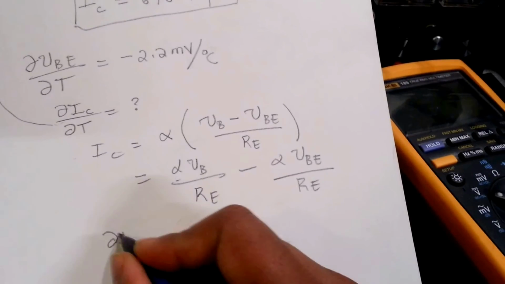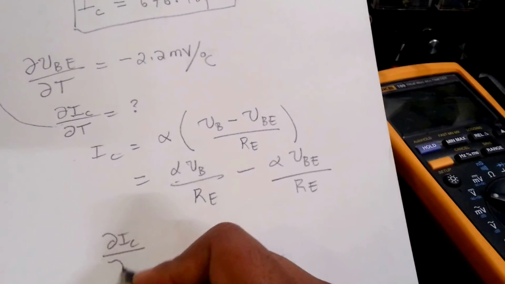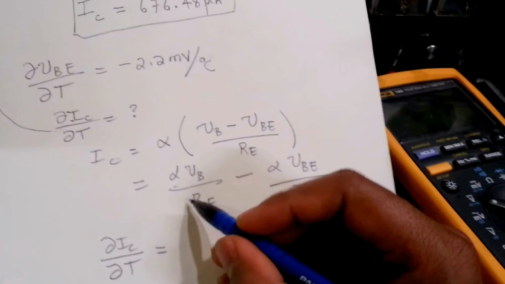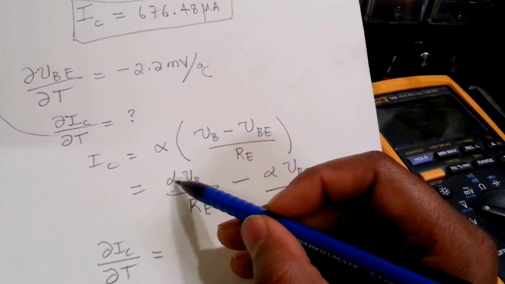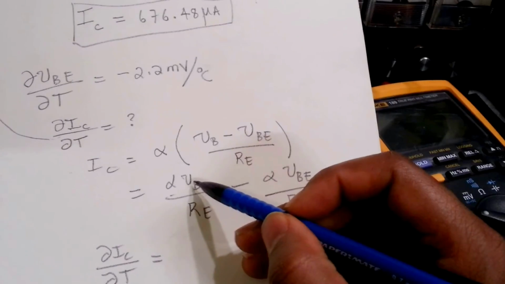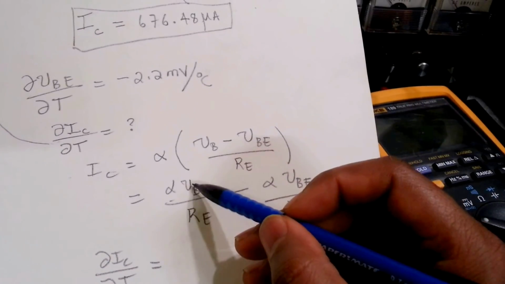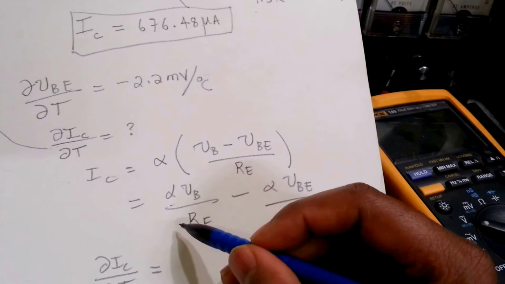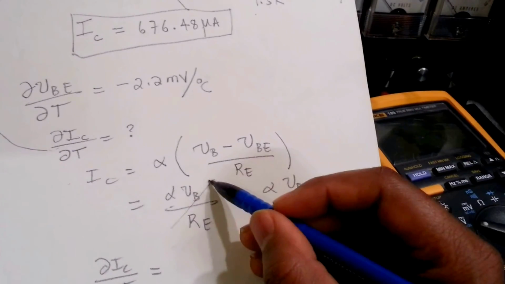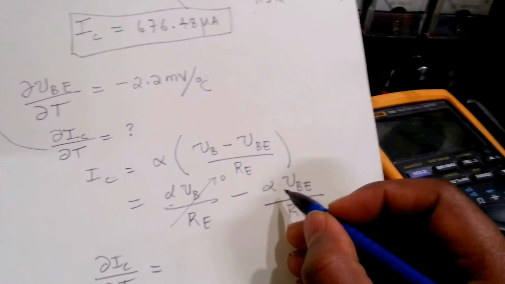So delta IC over delta T: this term is all constant, since we are guaranteed that HFE will remain constant. This term is constant because it's the base voltage, it's fixed by the voltage divider. This is a resistor, so it's constant. So when we differentiate it with respect to temperature, this term goes to 0. So all we're left with is this part.